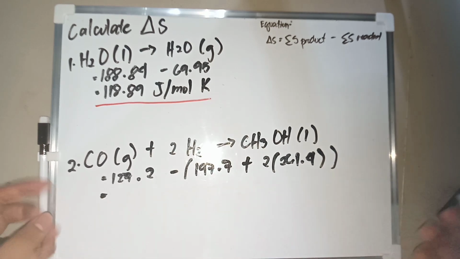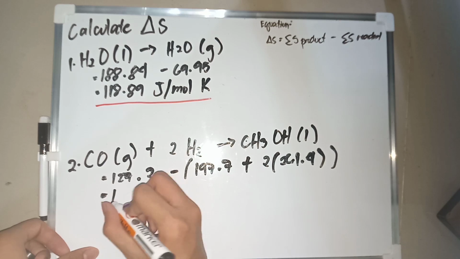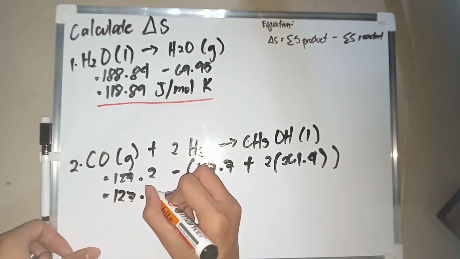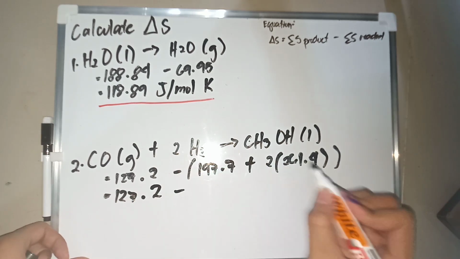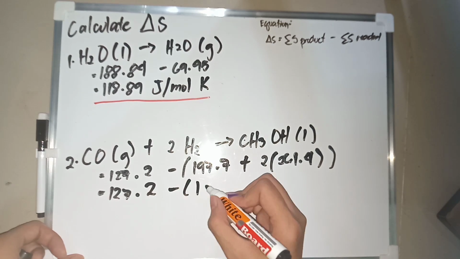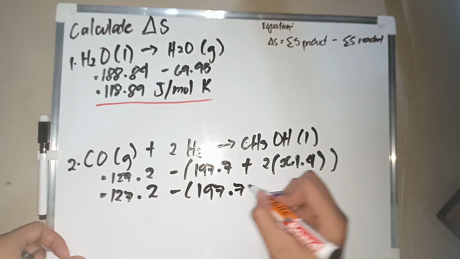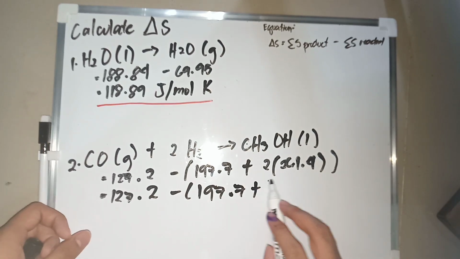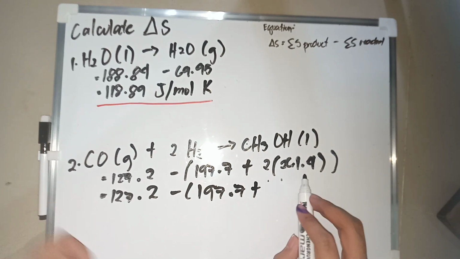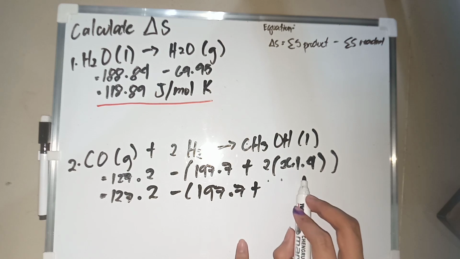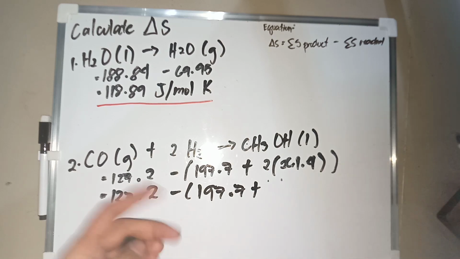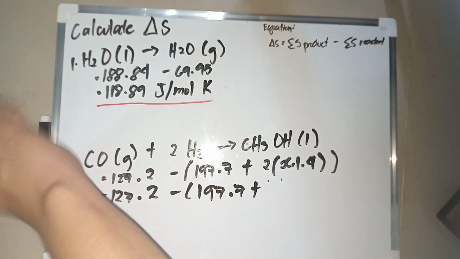So we're just gonna use PEMDAS. So 127.2 minus 197.7 plus 2 times... Sorry, wrong.